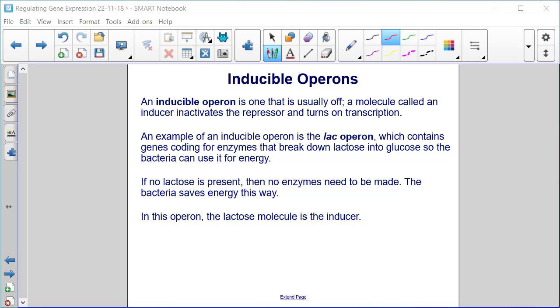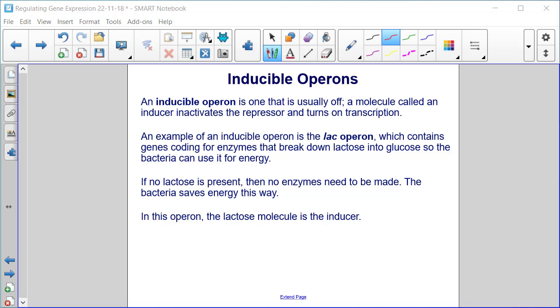Inducible operons. An inducible operon is one that is usually off. A molecule called an inducer inactivates the repressor and turns on transcription. An example of an inducible operon is the Lac Operon, which contains genes coding for enzymes that break down lactose into glucose so the bacteria can use it for energy.